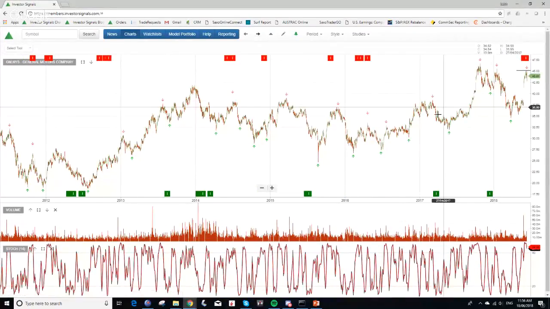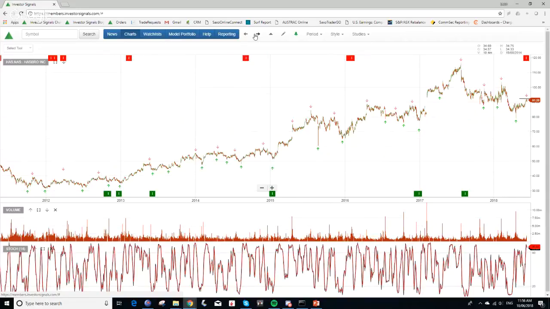General Motors, after switching from sell conditions into buys, we've had a recent alert here to the lower high, and we're just watching that relative to the prior peak there at around $46, just to see if General Motors runs into resistance at or near that 43 to 45 level. Hasbro, which is making lower lows and lower highs, so just flagging that there at $90.